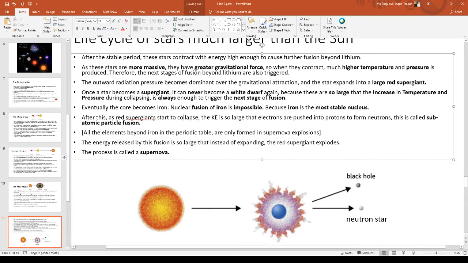As the red supergiants start to collapse, the kinetic energy is so large, and the temperature and pressure increase to such high values, because as the red supergiant collapses, it has huge mass, so huge gravitational energy, and it has been carrying out so many nuclear fusion reactions.